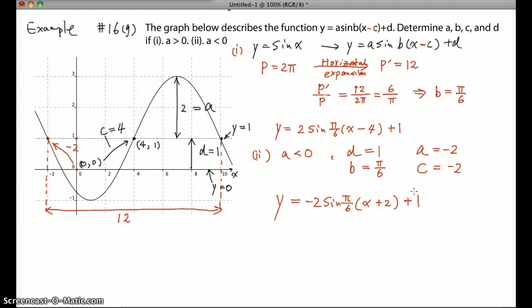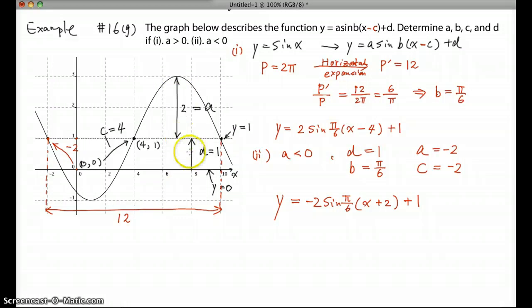Okay, so you need to understand, and of course we give all the names to the A, B, C, D. There are fancy names for all these, but the key skill you need to understand is that it's all about transformation. For example, the A is really the vertical expansion.